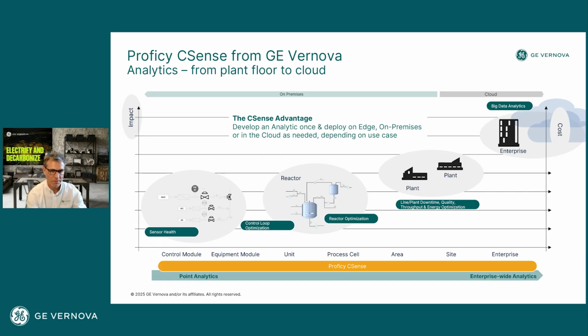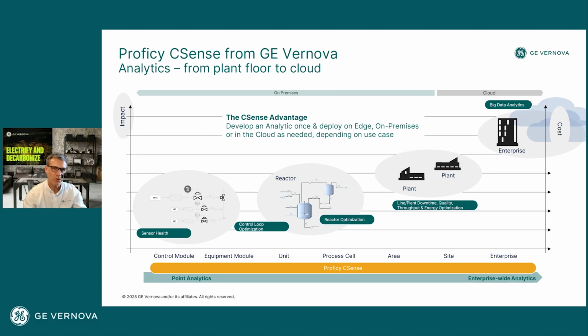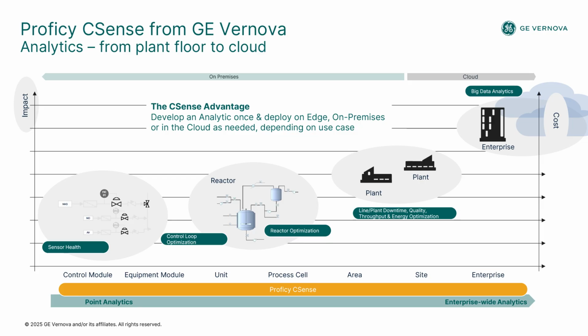Also, the CSense advantage is that if you build on CSense as your productivity and your intelligence and analytics platform, if you develop an analytics solution once, it means you'll be able to deploy it anywhere, wherever it needs to run.